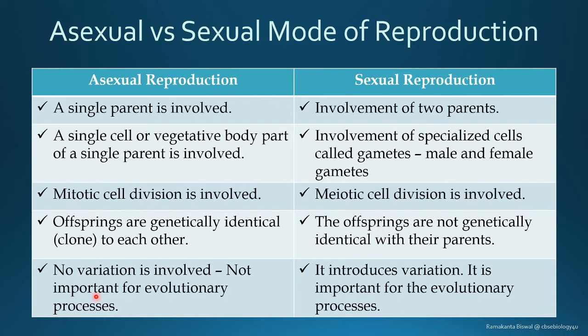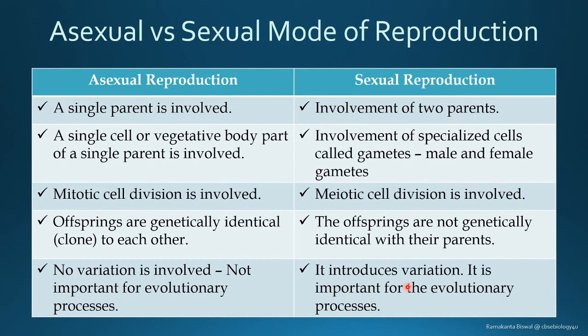Now the last point of difference in asexual reproduction is that there is no variation, and that's why it has less importance in terms of evolutionary processes. Similarly, in sexual reproduction we have variation, and variation happens because of exchange of genes.